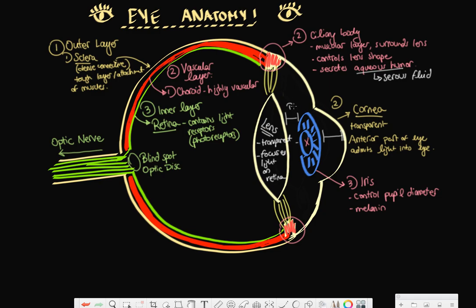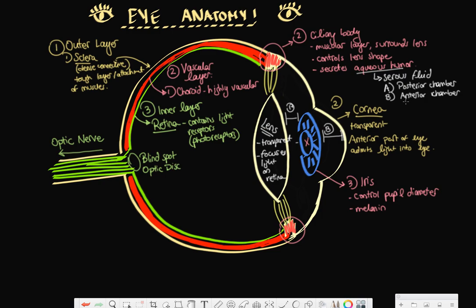I'll letter them A and B. A is the posterior chamber, the region between the lens and the iris. The anterior chamber is B, the region between the iris and the cornea. This is where aqueous humor is going to circulate, produced by the ciliary body.